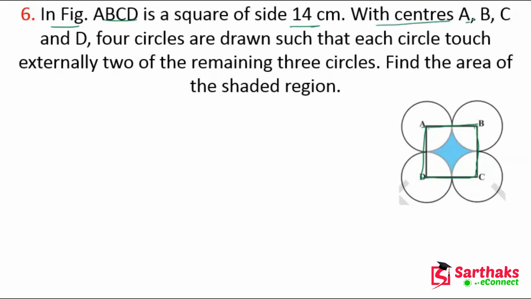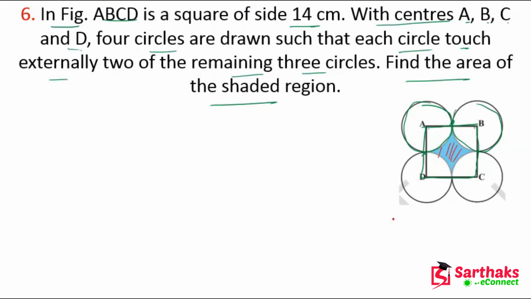With centers A, B, C and D, 4 circles are drawn such that each circle touches externally 2 of the remaining 3 circles, means at this point and this point. Now find the area of the shaded region.